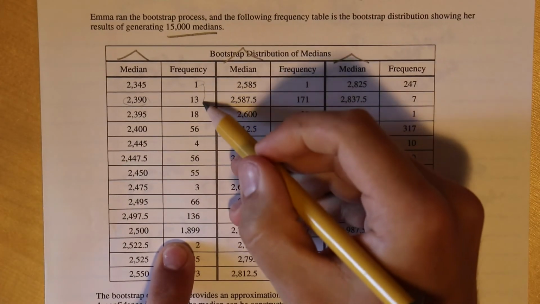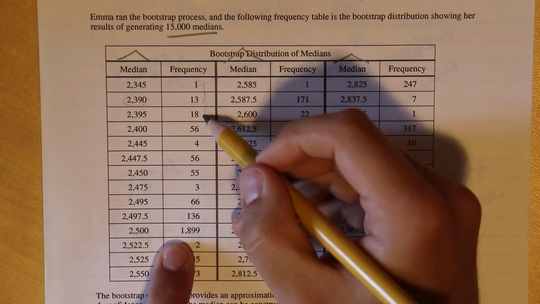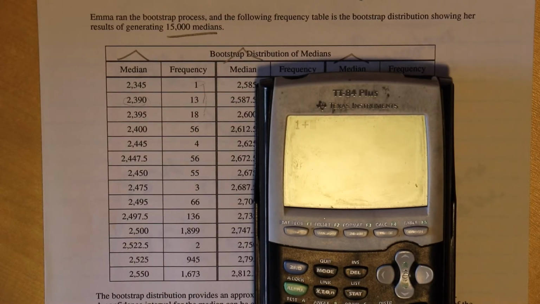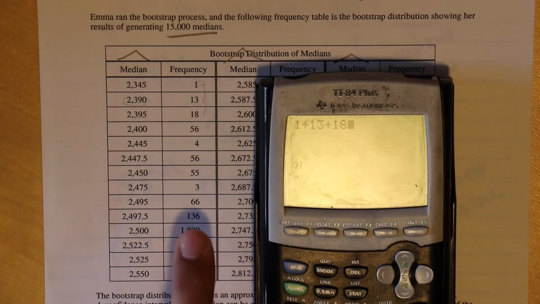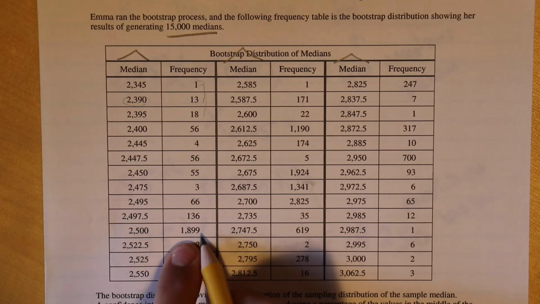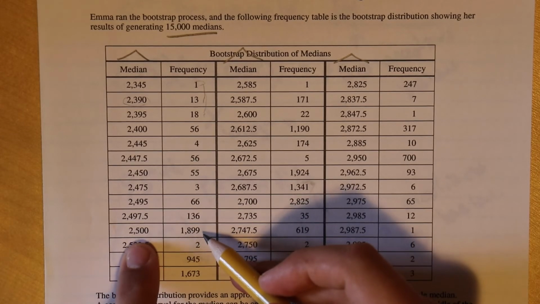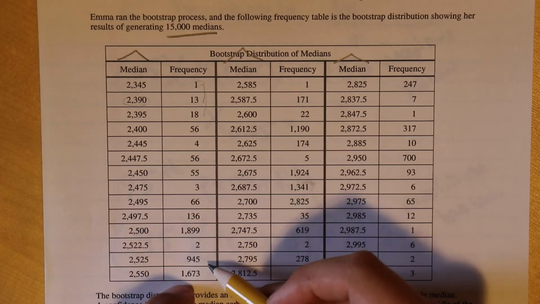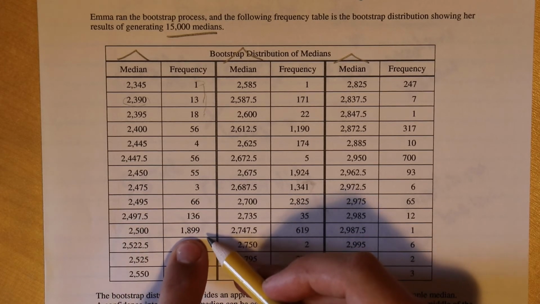Oh, this is 14 so far. Add this, it's not enough. So 1 plus 13 plus 18. I'm kind of curious, like right here, obviously I know, so I'll stop here. I know that if I go beyond 2,500, it's not going to be the 5th percentile because this is already over 750.